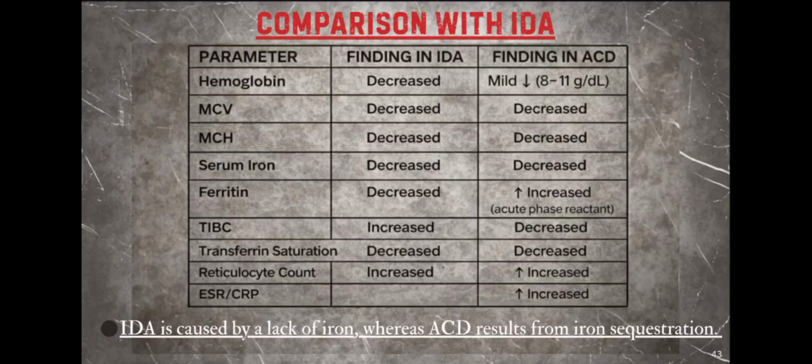Transferrin saturation is decreased in both cases. Reticulocyte count is decreased in both cases. ESR, the erythrocyte sedimentation rate, is increased in anemia of chronic disease. Iron deficiency anemia is caused by lack of iron, whereas anemia of chronic disease results from iron sequestration.